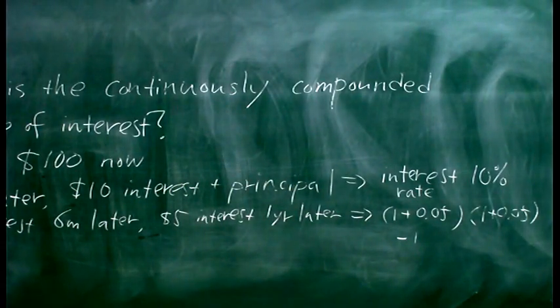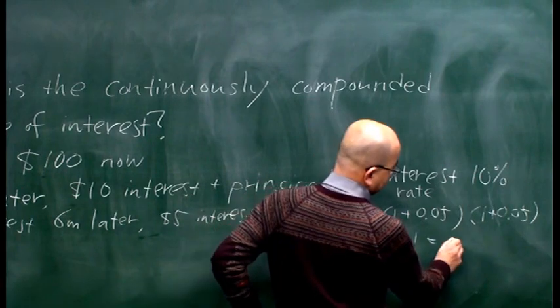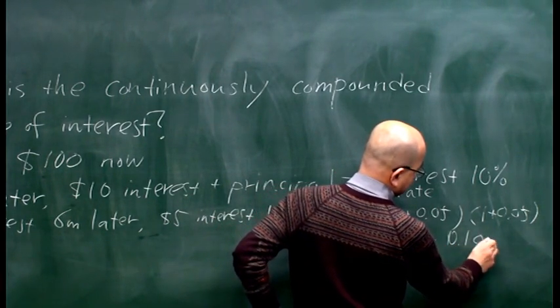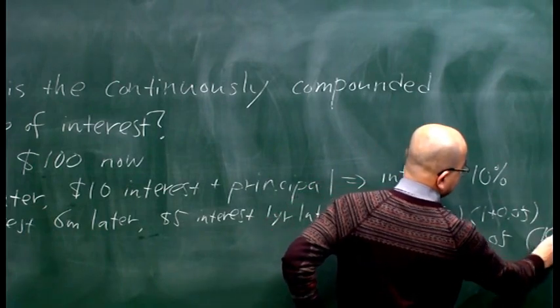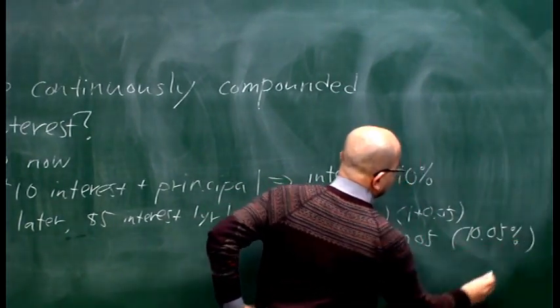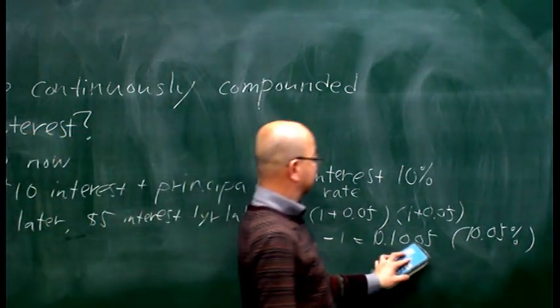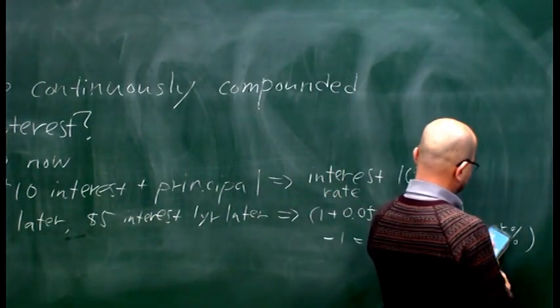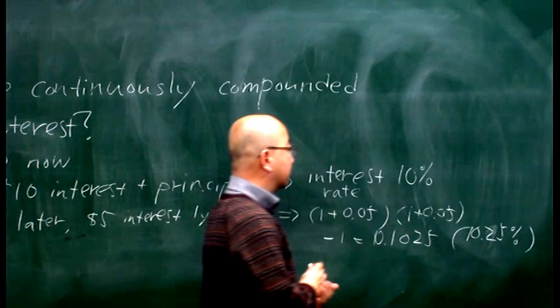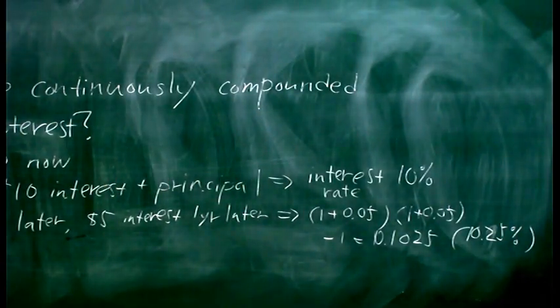If you calculate this number, it will be 1.1025, which is 10.25%. So by considering the effect of compounding, the effective interest rate is a bit higher in the second case than in the first case.